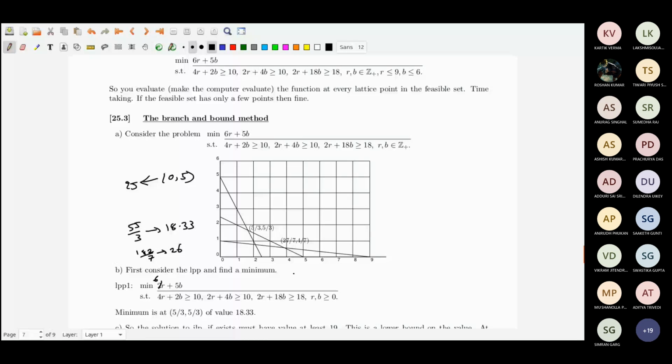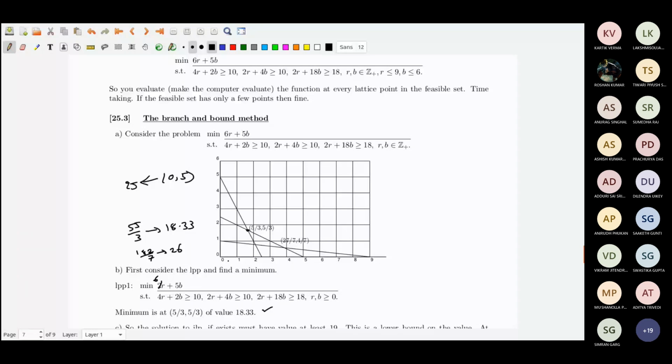This is for the LPP. So this is called the branch and bound method. The first step in the branch and bound method is that they solve the corresponding LPP, which they call the LP relaxation.